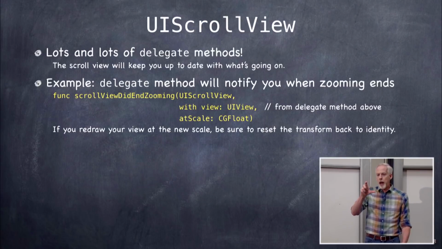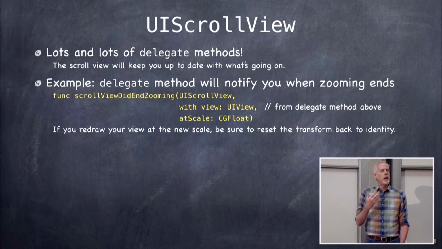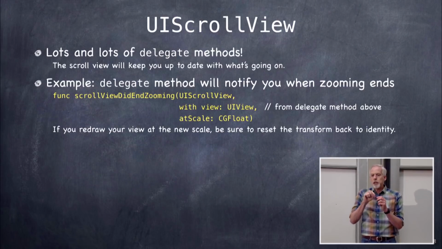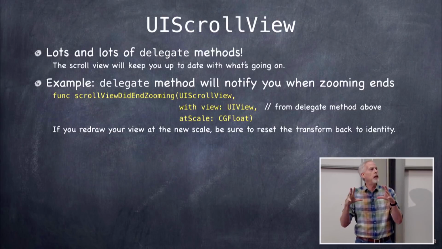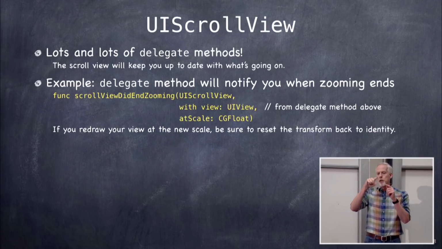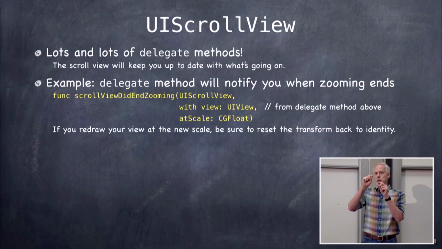Okay? Now remember, as they're pinching, all that's being changed is the transform of the view for zooming. That's it. Nothing else is happening in there. And when you let go, what if you are capable of drawing your view at much higher resolution when it's zoomed in? For example, let's say your view draws an arc with Core Graphics. An arc is just a bunch of little pixels coming around here. If you zoom way in, it's going to look like little blocks, kind of jaggedy, right?